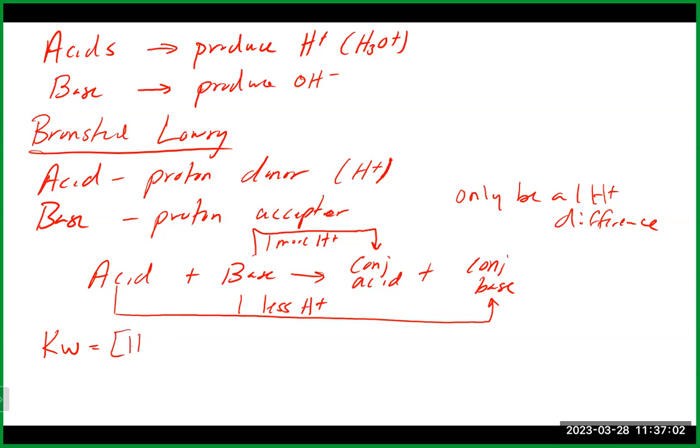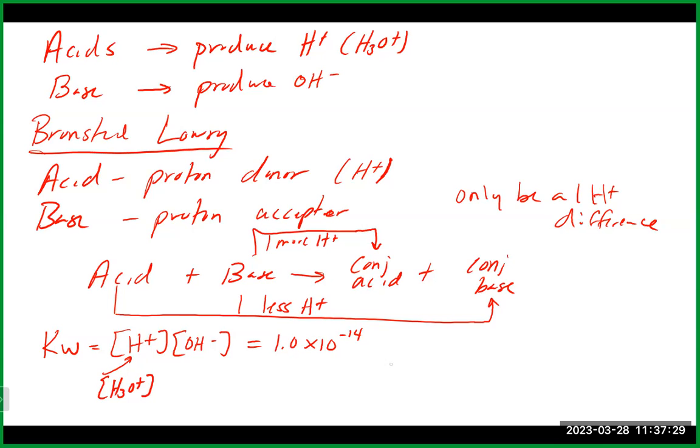We got into the idea of the equilibrium of water, which is sometimes referred to as Kw, and that is the concentration of H plus times the concentration of OH minus. At 25 degrees Celsius, it does equal 1 times 10 to the minus 14. Remember, you could swap out H plus for the H3O plus concentration. That is what we can use to calculate either the H plus concentration, the acid part of the solution, or the base part of the solution, which is the OH minus.